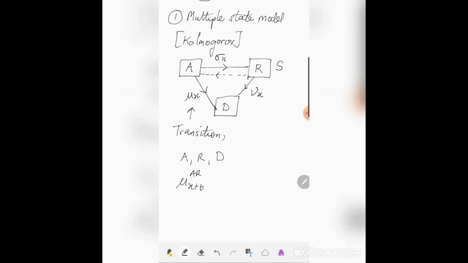The transition intensity from state A to state R by the time he reaches age x plus t.